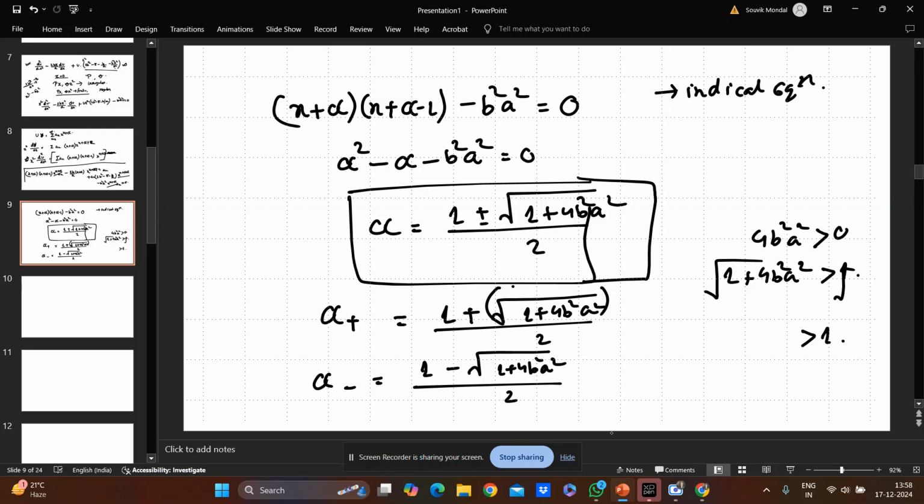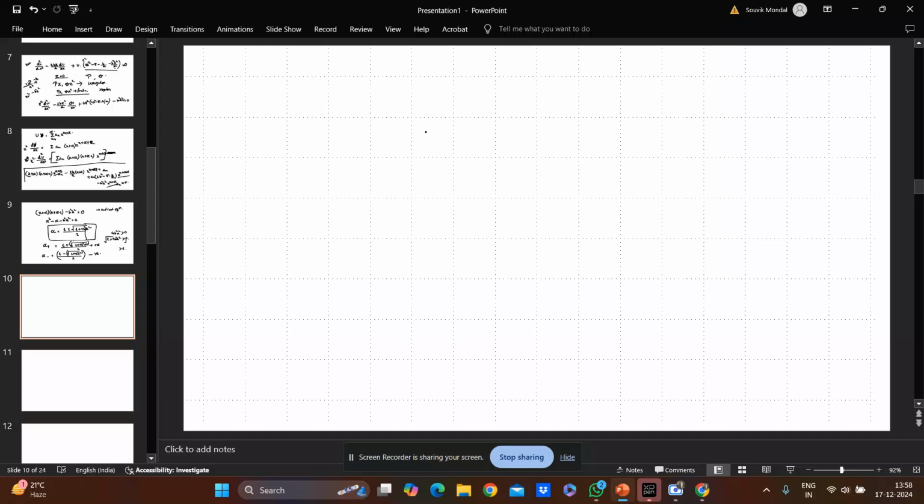Okay. So this term, 1 minus the root, is actually a negative term, because the root has a value more than 1. So this term is surely a positive term, but this term is a negative term, okay. So now x to the power alpha plus, and compare x to the power alpha minus.